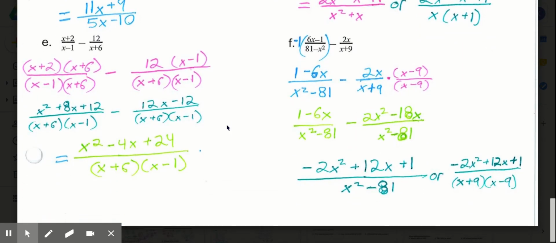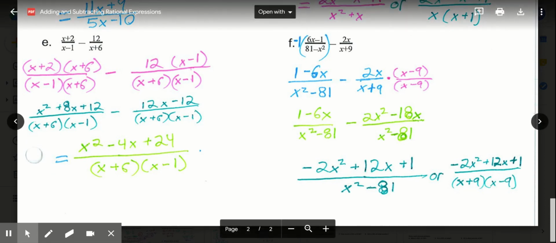Then our last two examples, E and F. In E, we have x minus 1 on bottom and x plus 6. So I'm just going to multiply them by each other to get my common denominator. So when I do that, my fraction on the left, both top and bottom get multiplied by x plus 6.